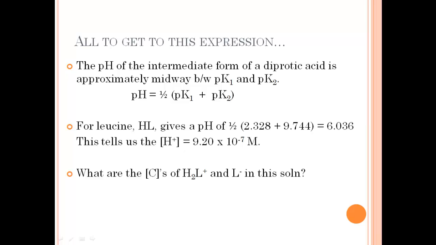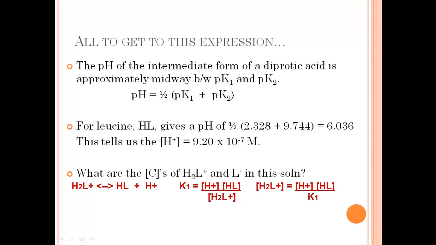You can find the concentrations of the other guys, H2L plus and L minus, just by solving the K1 and K2 expressions. The original reactions of the diprotic acid said that H2L plus associates into HL and H plus, and that's your K1. So if you solved for H2L plus, you would get HL times H plus over K1, and you use 0.0500 as the concentration of HL, which is the formal concentration of that solution.